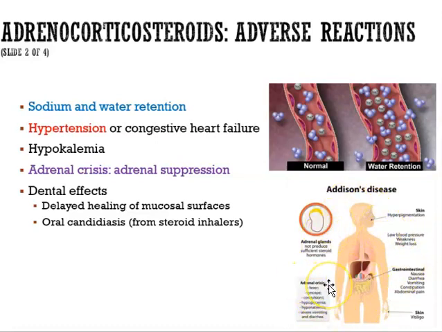We can get a fever, we can faint, we can have low sugar in our body. We could feel nauseated, have low blood pressure, feel really weak, and have lots of weight loss because we get really thin. All this can happen because we don't have enough steroid hormones in our body. That's because our adrenal glands, which are on top of our kidneys, are not producing enough cortisol.